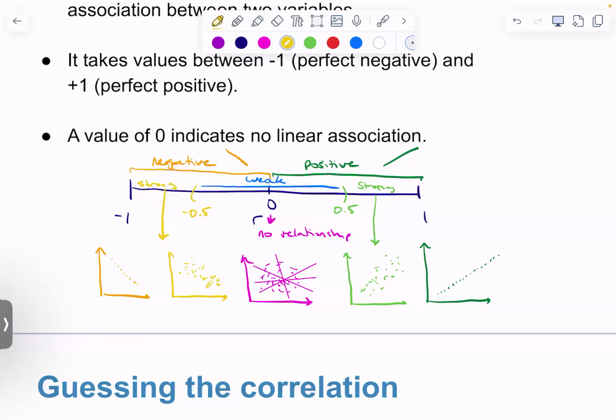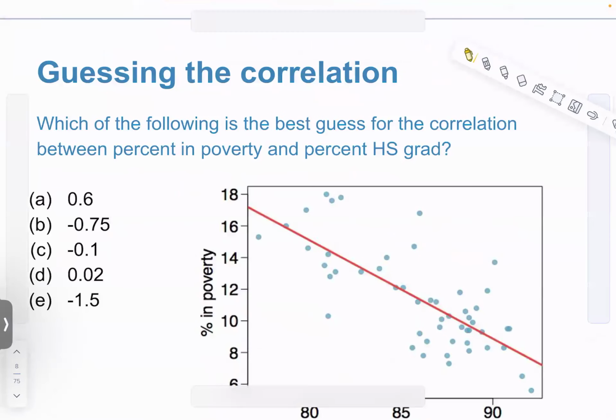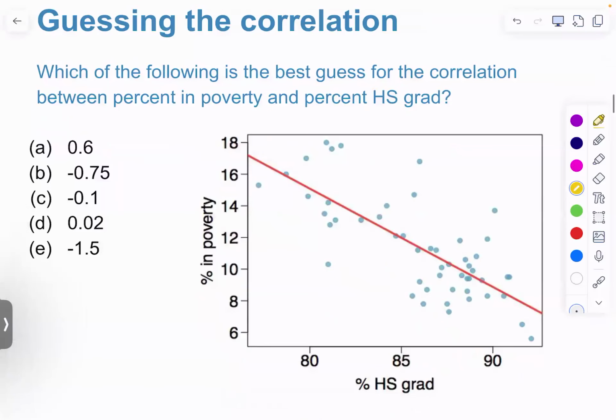Knowing that about the correlation, let's see here. Move this over. Which of the following is the best guess for the correlation between the percent in poverty and the percentage of high school grads? So first things first, we can narrow it down, right?